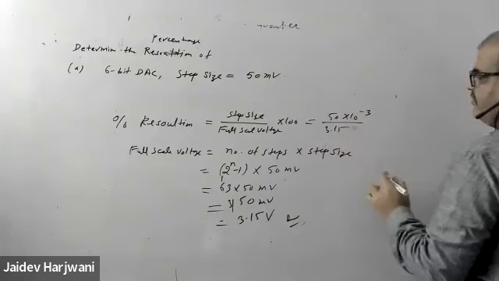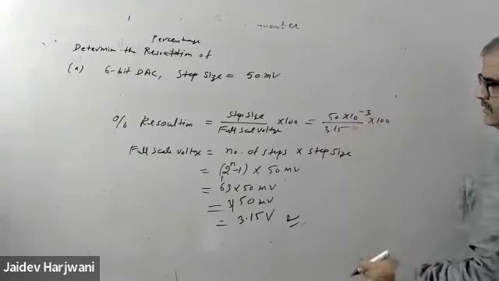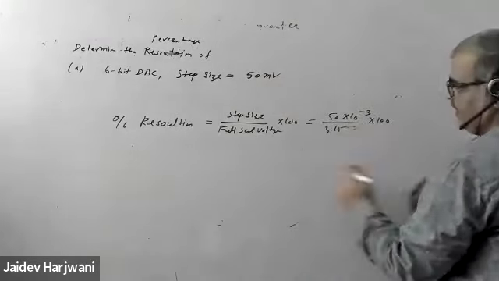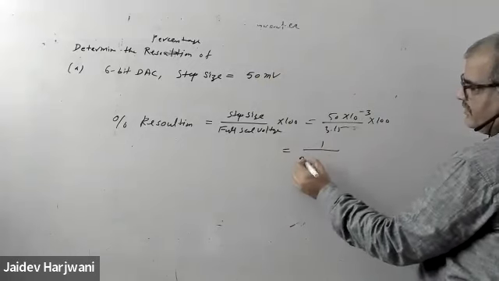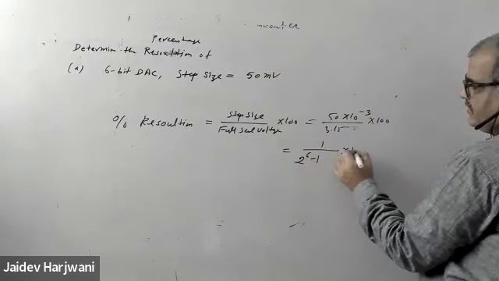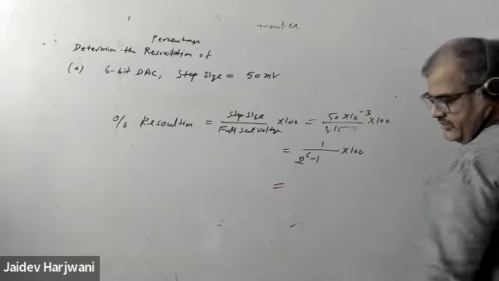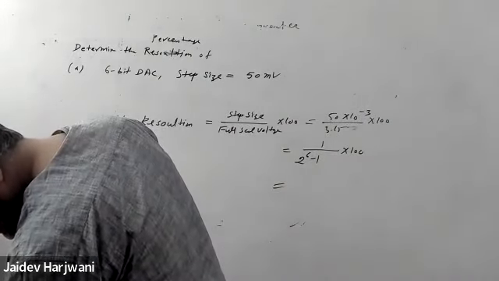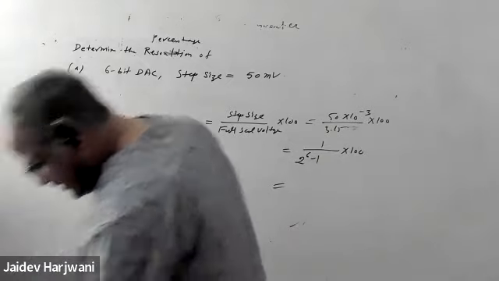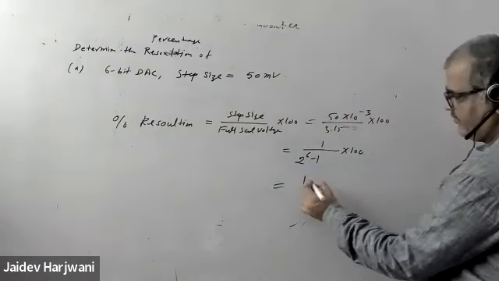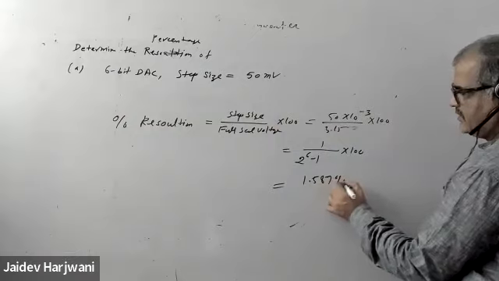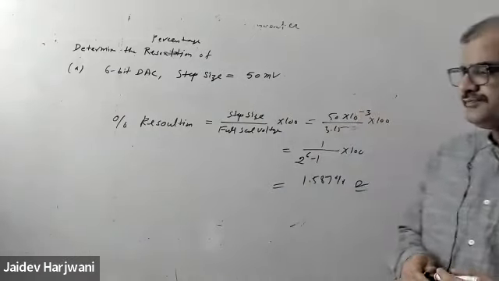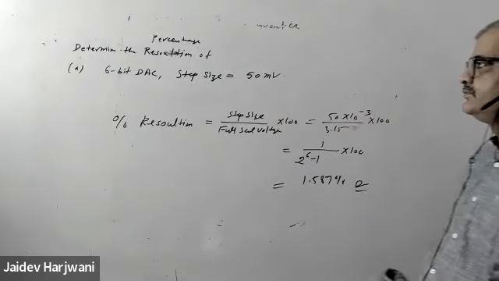So 50 millivolt upon 3.15 volts into 100. This will be the same as 1 upon 2 power 6 minus 1, into 100. You already calculated for 6-bit, it was 1.587%. You can check, both are the same thing.